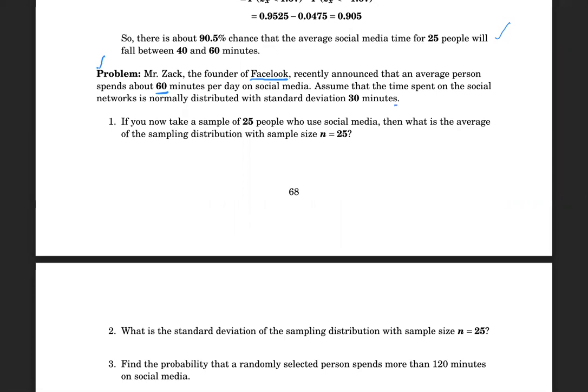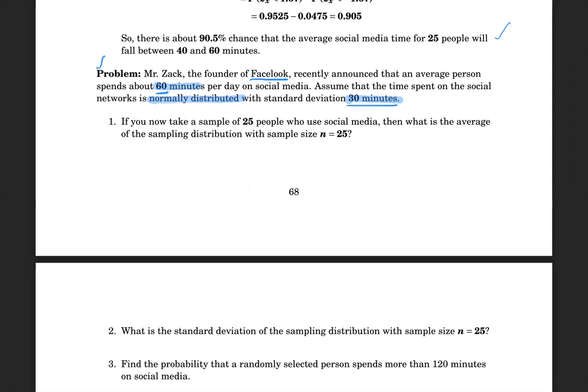So key observation: pay attention to this, normally distributed, okay? Standard deviation 30, mean 60. So these numbers you may want to pay closer attention to.